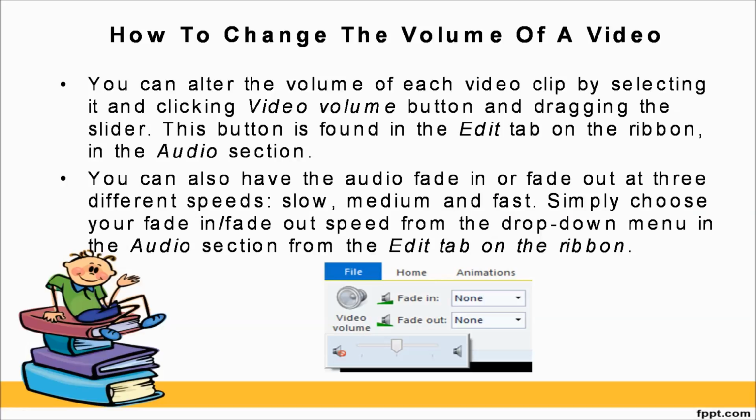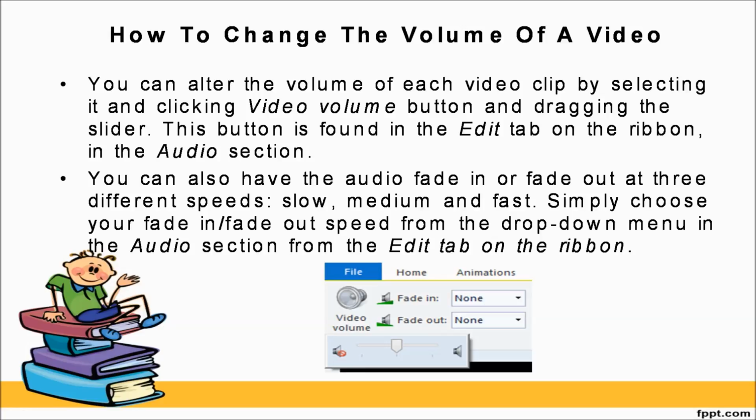How to change the volume of a video. You can alter the volume of each video clip by selecting it and clicking the Video Volume button and dragging the slider. This button is found in the Edit tab on the ribbon, in the Audio section.